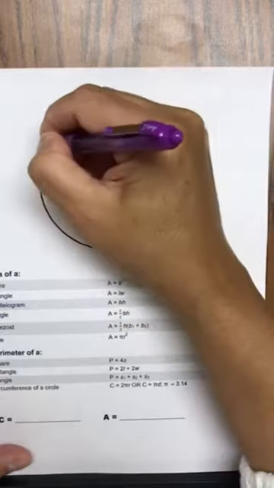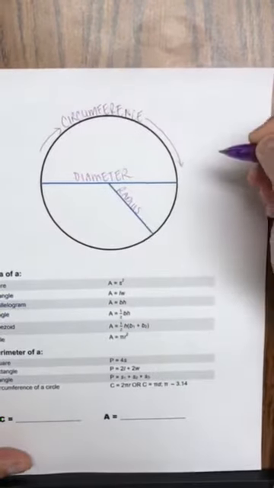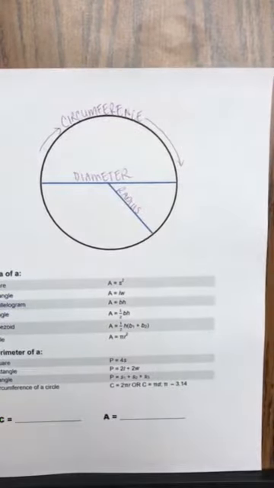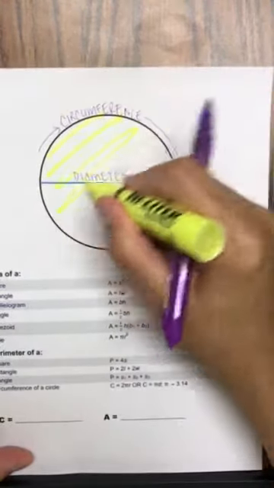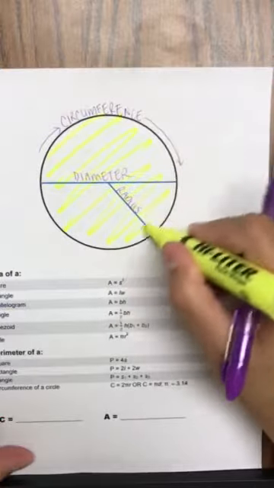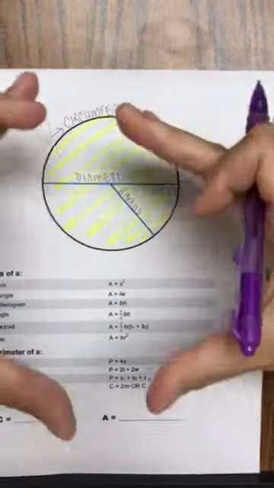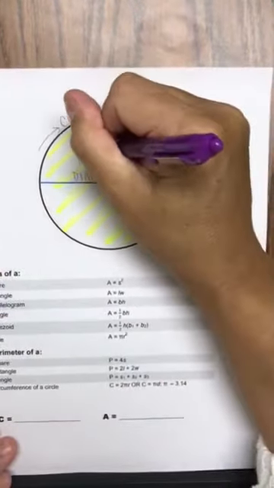So we're going to go around that circle, that's circumference. And then the third thing we have is the area of a circle. And the area of a circle is the distance or the measure of all this space that fills the circle. That is called the area.